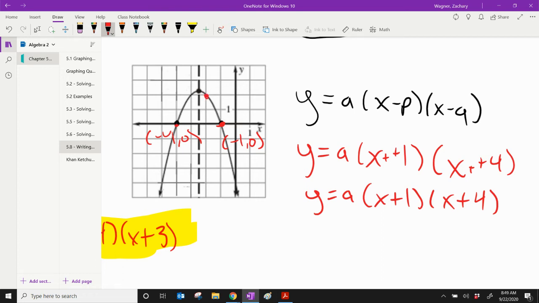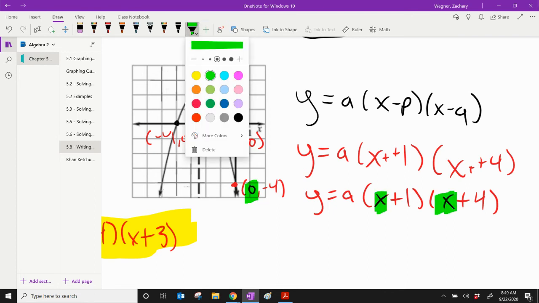This one right here looks good. You could also use this one. You could actually also use this one down here. We'll use the y-intercept this time. The y-intercept is when x equals 0. So 0, 1, 2, 3, 4. 0 comma negative 4 is a point on my graph. So every time I see x, I'm going to write in 0, because I'm going to use this 0 comma negative 4.